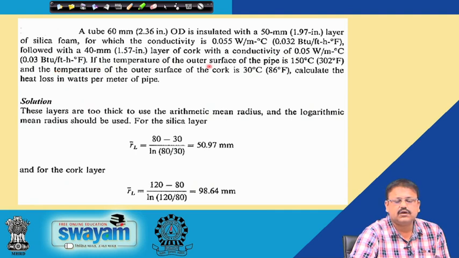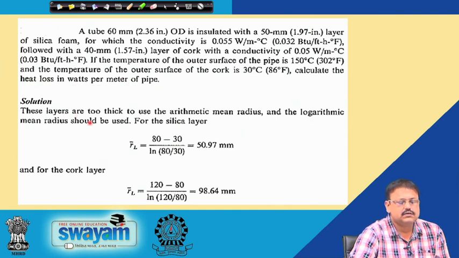If the temperature of the outer surface of the pipe is 150 degree centigrade and the temperature of the outer surface of the cork is 30 degree centigrade, then we have to calculate the heat loss in watt per meter of the pipe.